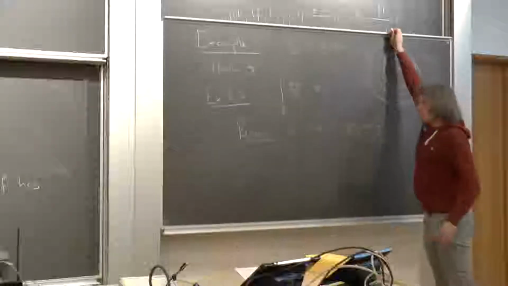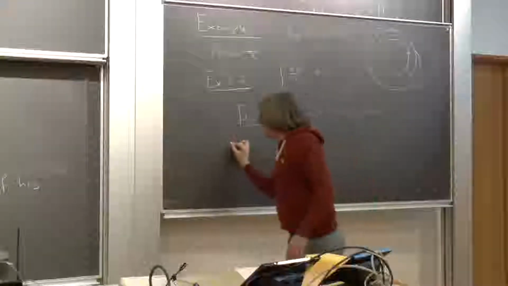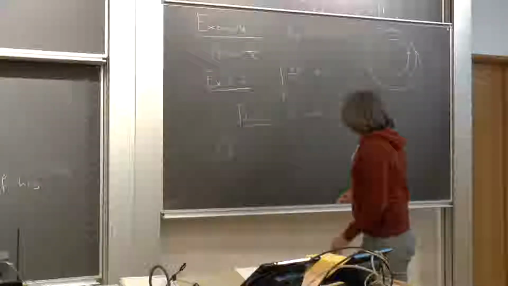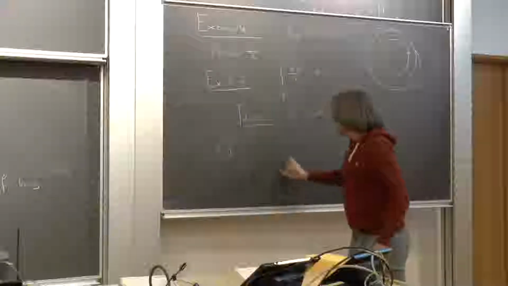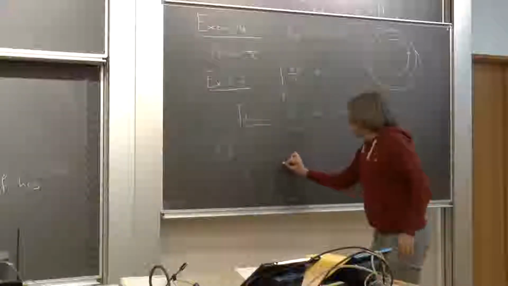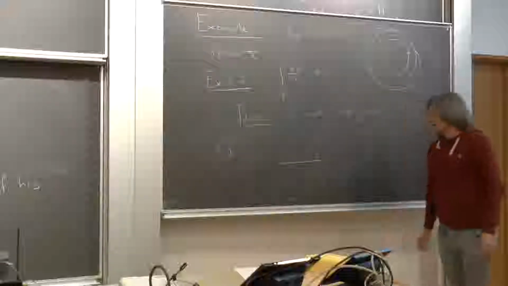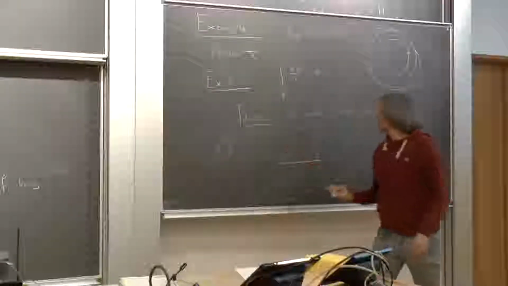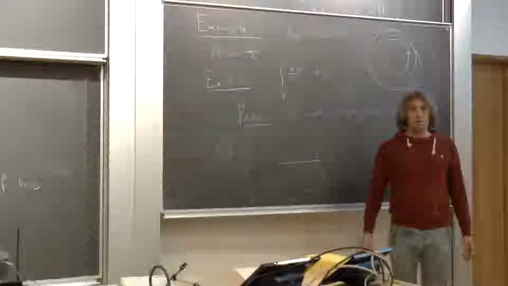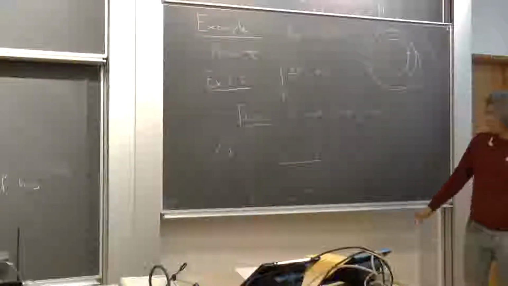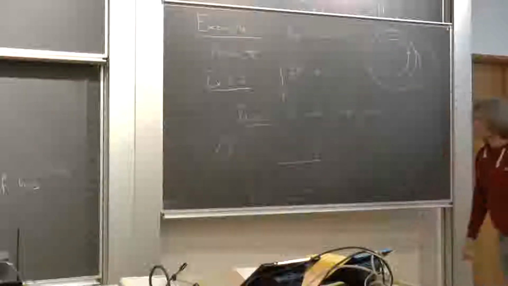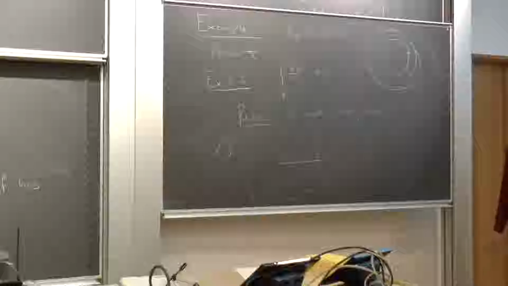Now how to improve the situation? We'll replace G by G prime, or maybe G tilde, which looks like this. It's still the complex plane, but we make a cut from 0 to infinity along the real line, like this. Now, what about this domain? Is it simply connected?